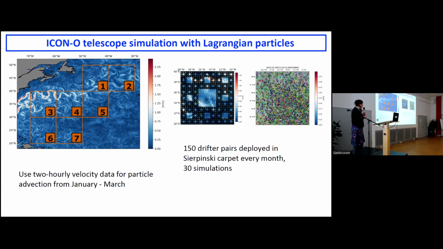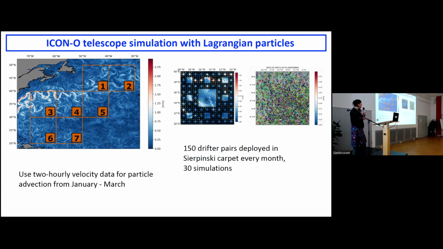And we didn't only compute Eulerian structure functions. Eulerian structure functions are easy to compute: you just take fixed points, and then you compute the second-order moments as a function of separation of the points. But we also deployed numerical particles in this model simulation.